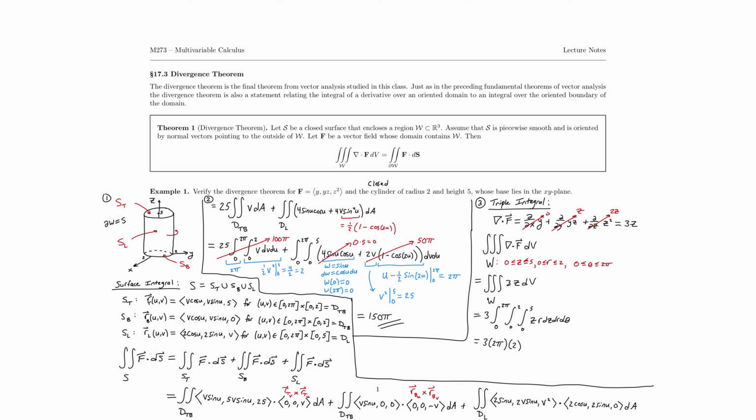But then for the r integral, we'll have a half r squared between 0 and 2. And we will have a half z squared between 0 and 5.